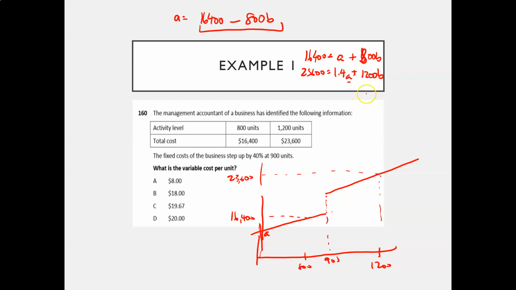Then you would have something that looked like this: 23,600 is equal to 1.4 bracket 16,400 minus 800B plus 1,200B. And you'd still get your answer. You've eliminated A, and you can find B.